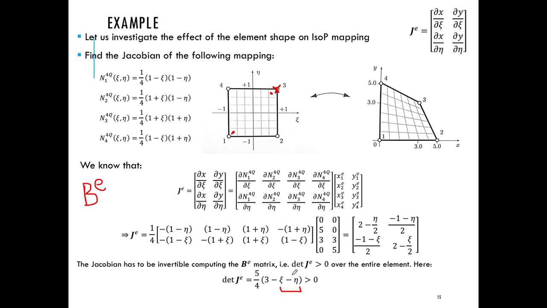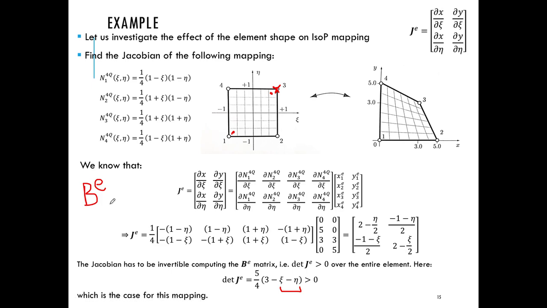I can perform this sort of a check that for our given values of psi and eta, the determinant is always greater than 0 over this entire element. So this mapping is okay, it's good. The B matrix will exist. So we're good to go basically.